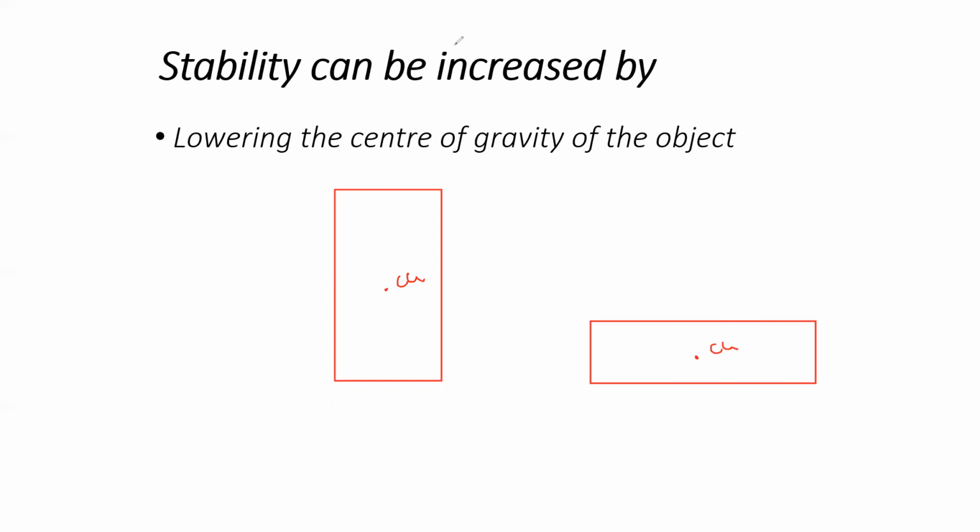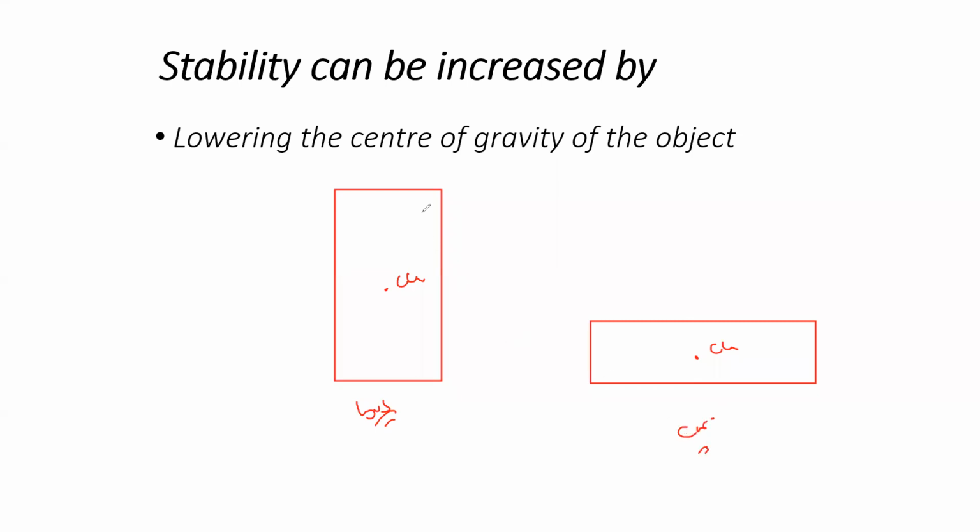If you try to take a sharp turn by using a bus and a car, which one is likely to topple? Which one is likely to rotate or flip or topple? So a bus is likely to rotate or topple, and a car, so it means the bus is less stable and the car is more stable.